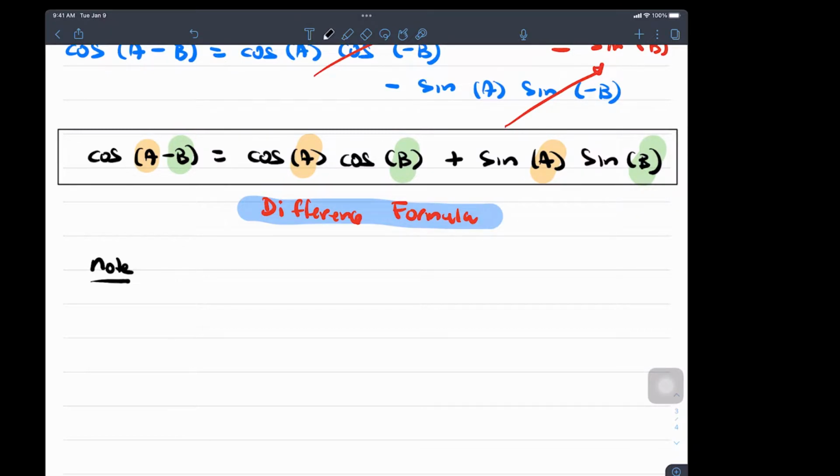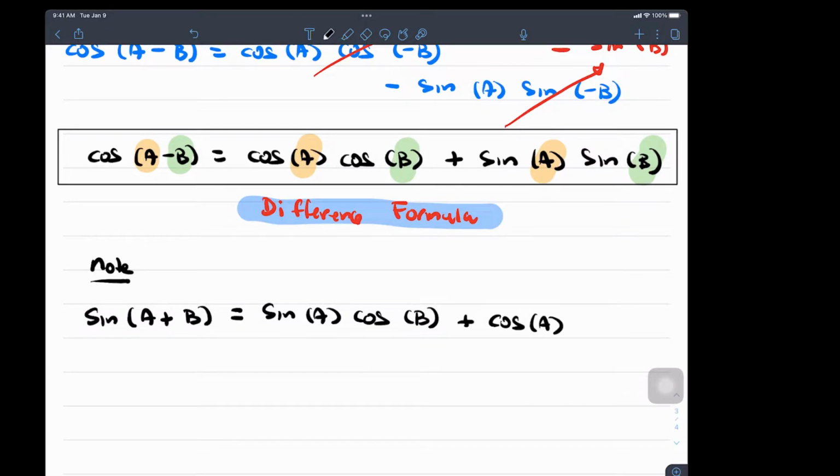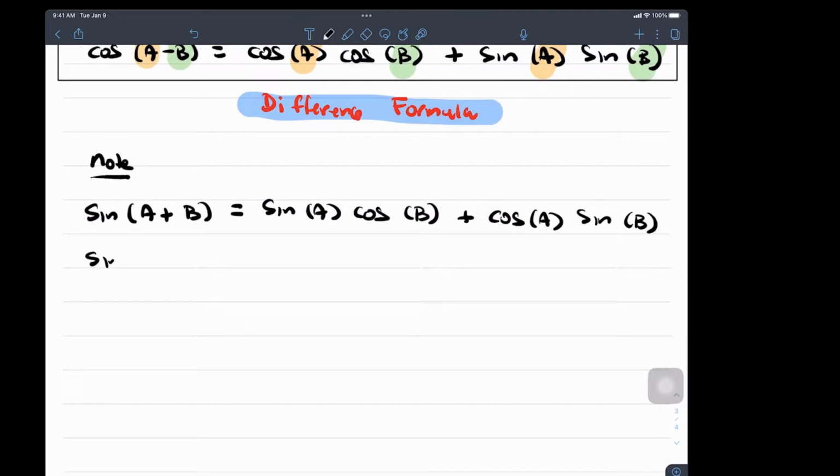But in your book, you also have sine. You can prove a sum formula for sine as well. So you have sine of alpha plus beta is sine A cosine B plus cosine A sine B. And then you also have the difference.